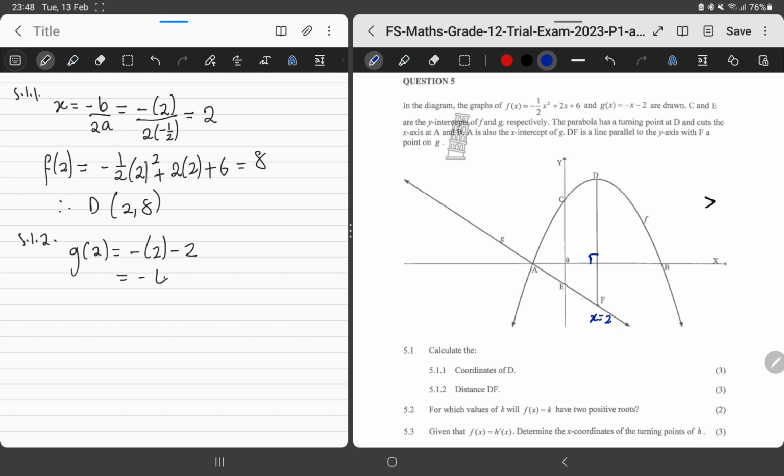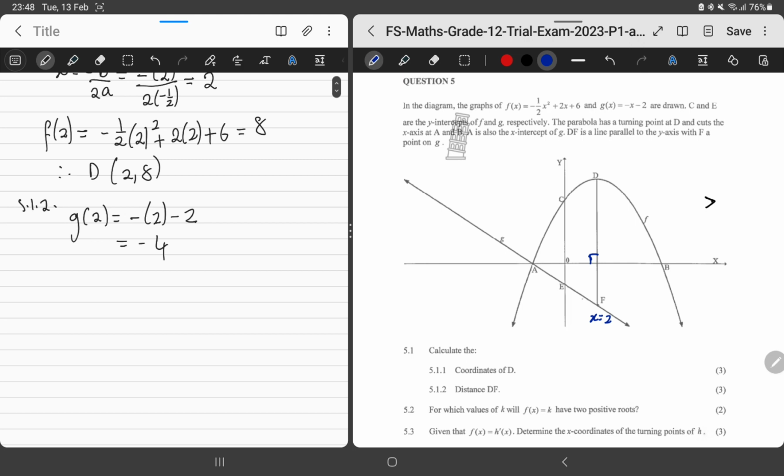So this is a negative 4. I know that the y value there is 8, and the y value there is minus 4. DF should be equal to the y that is on top minus the y that is at the bottom. So this is 12 units.